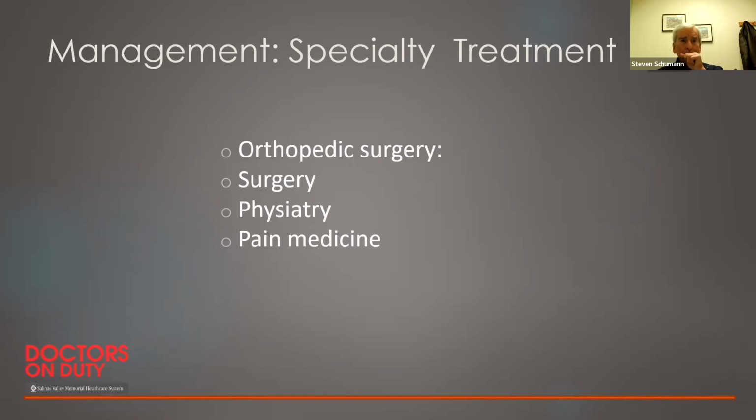Physiatry, if it looks like it could be any of those, or forearm, any of the diagnoses mentioned, including forearm, kind of non-specific. And I distinguish physiatry from pain medicine. Most of the time, pain medicine are physiatrists.